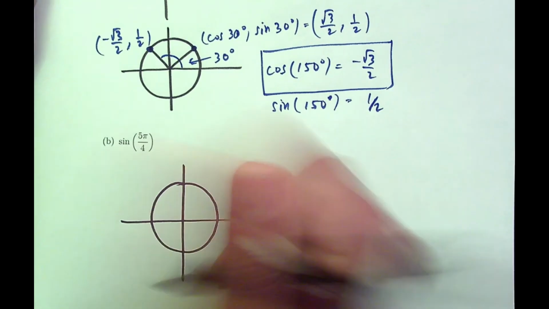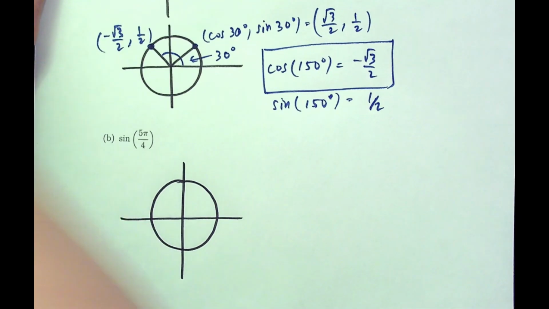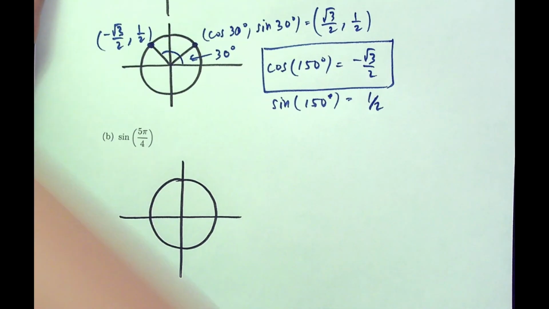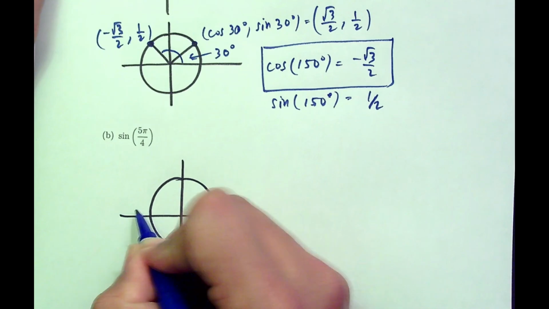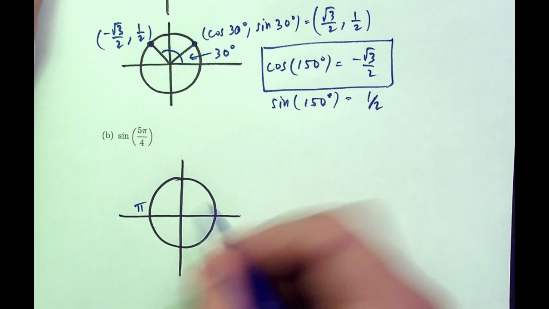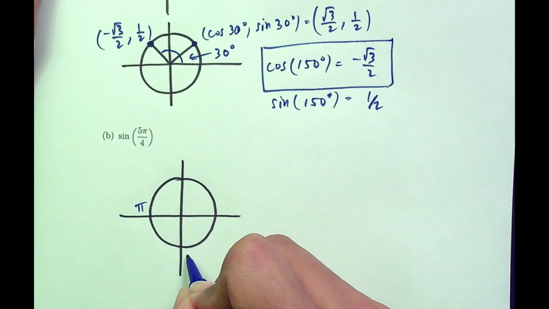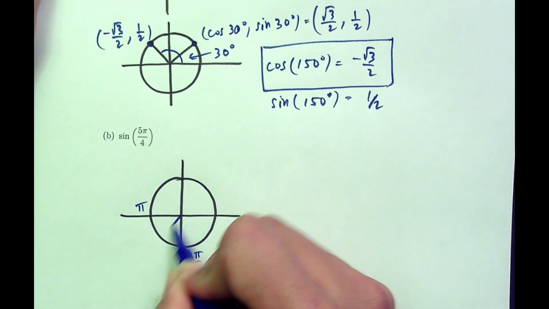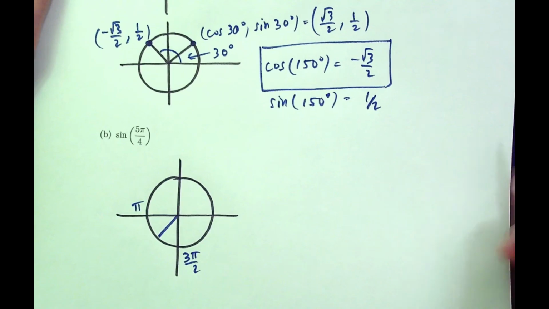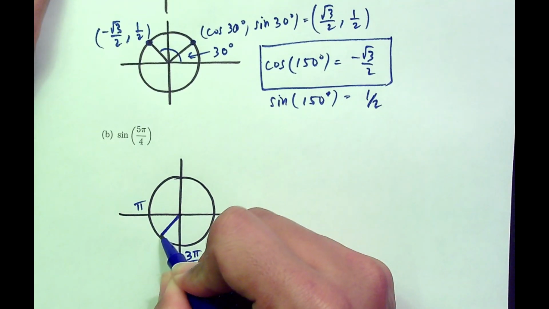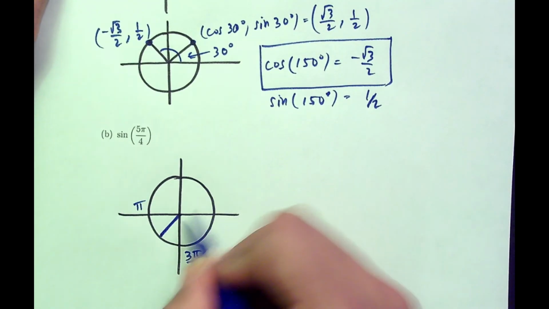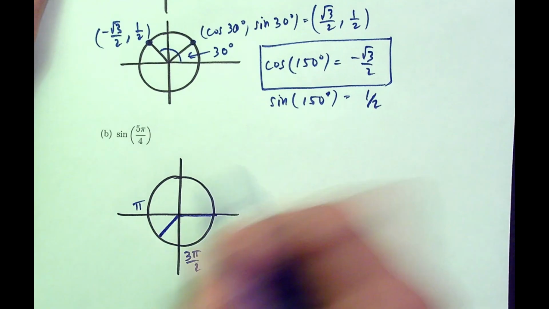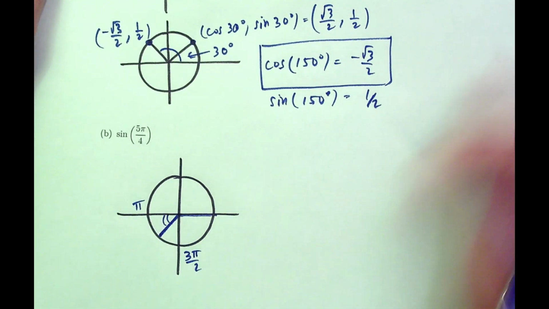Five-fourths is a little over 1. So 5 pi over 4 is a little bigger than pi, but less than 3 pi over 2. So you're actually in the third quadrant. And if you're in the third quadrant, this is the reference angle right there.